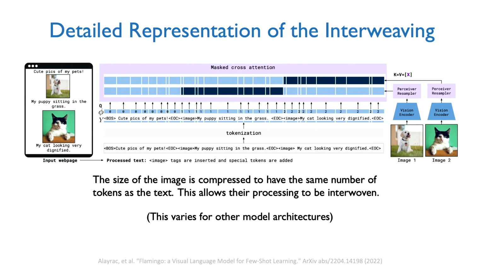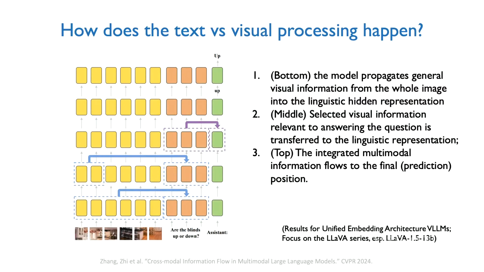This is partly so that the text only looks at the relevant image and not the image before, but also so that the text doesn't dominate everything, is my understanding. So it's very deeply interwoven in this very interesting way. And this is different for other model architectures. There are also people that have tried to look at what is learned in the different layers in these multimodal large language models.